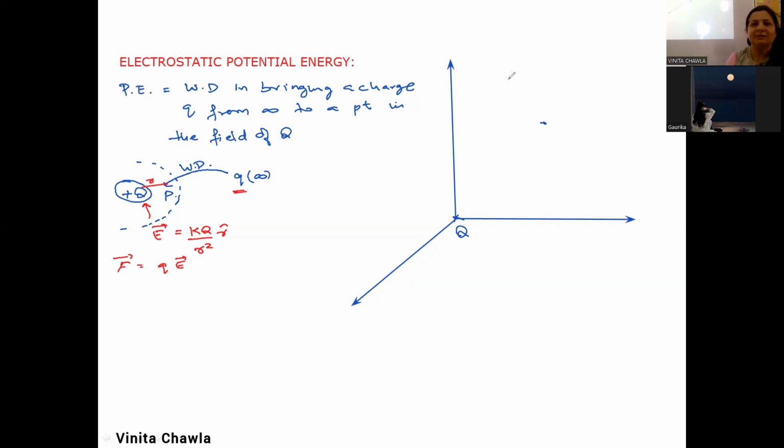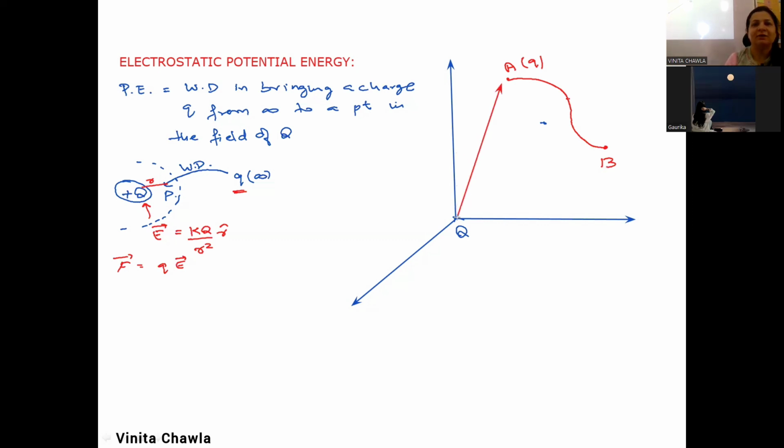Okay, let's consider this as the initial position of the charge Q. Okay. And it moves from point A and reaches some point, let's say B. So B is the final position and A is the initial position. So we can write the position vectors.